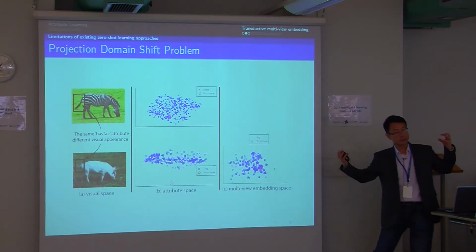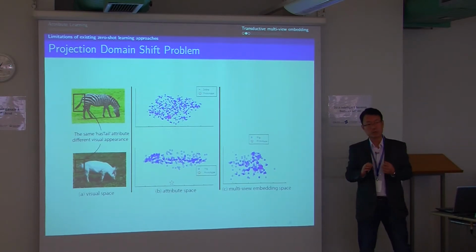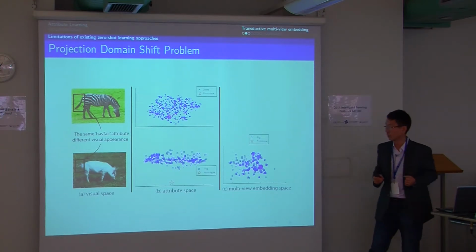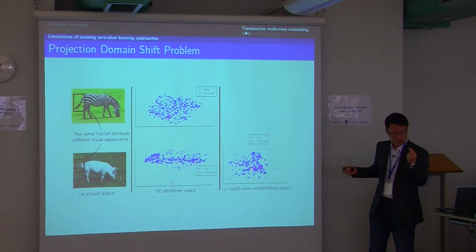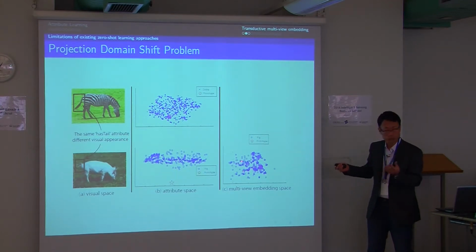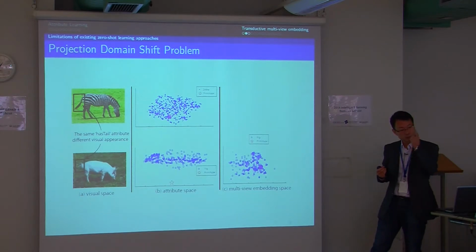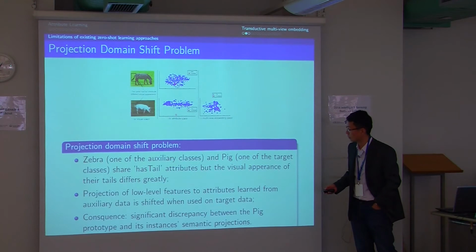All the images of pig have different colors, captured from different camera angles. So visually they're different. There are huge intra-class variations. And using a single prototype, which is a single point, it's very difficult to recognize all these points. So we have a sparsity of knowledge about pig. We only have a single description, which is not enough. So that's the second problem.